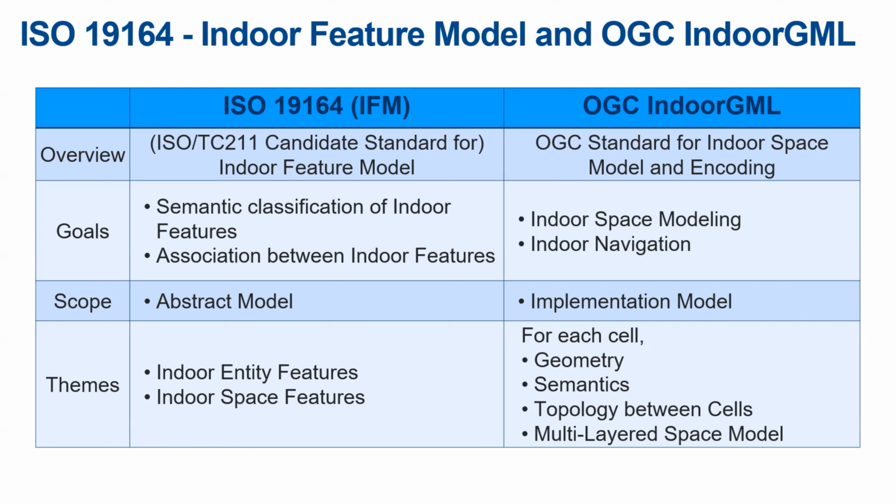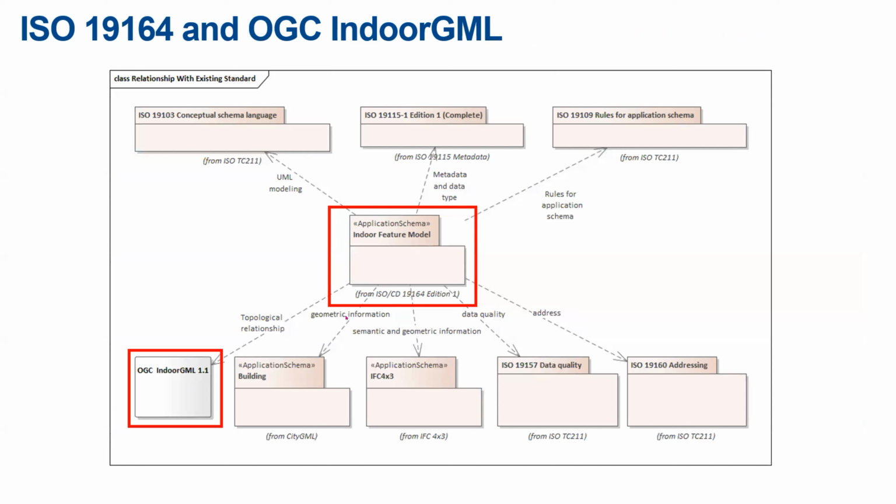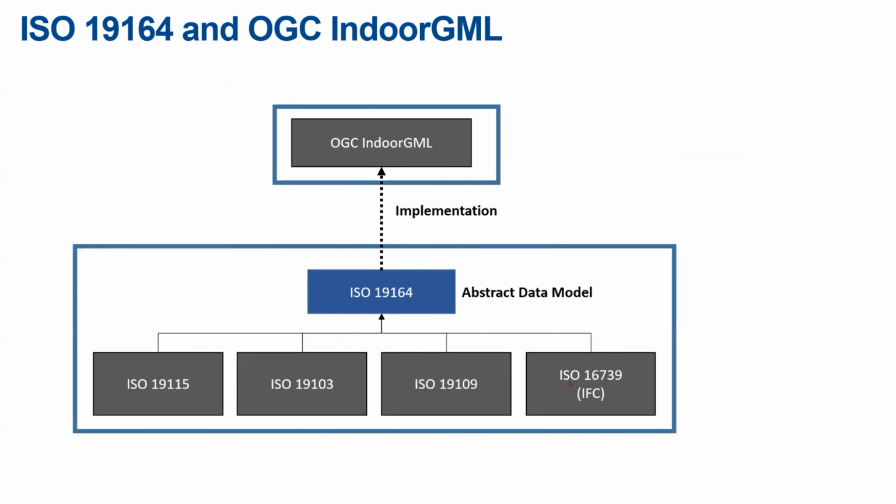So this is a very short overview of these two standards. This slide shows the relationship between ISO 19164 and other related standards like IndoorGML, CityGML, IFC, and some others.